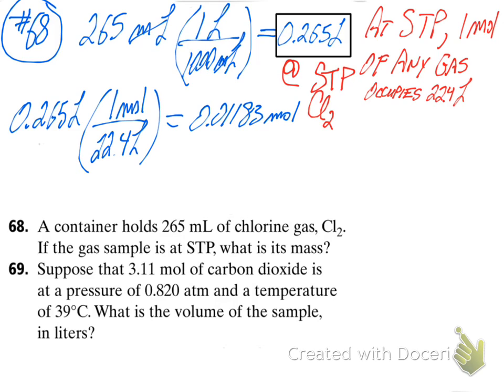And I highlighted the Cl2 here because it's going to be important. This problem's ultimately asking, what is the mass of the gas? Well, if I don't know what gas I have, there's no way I can convert from number of moles into mass.